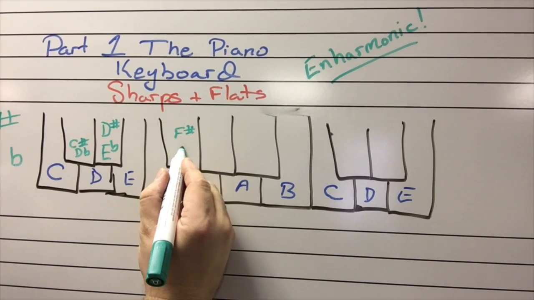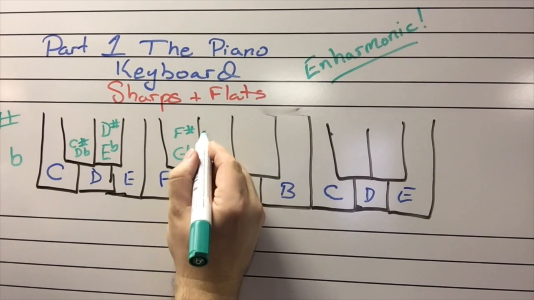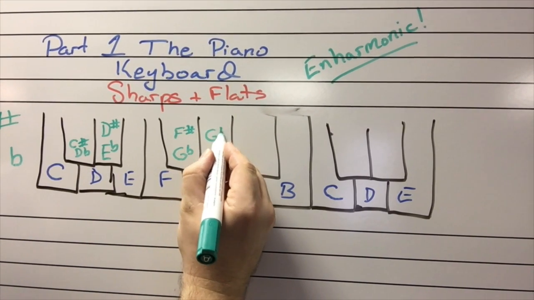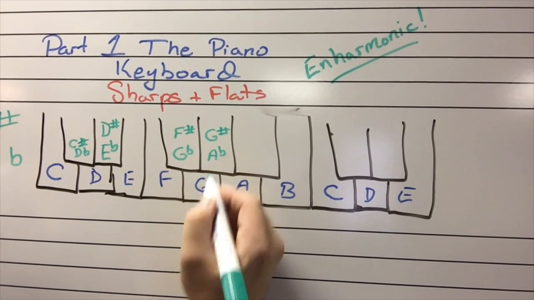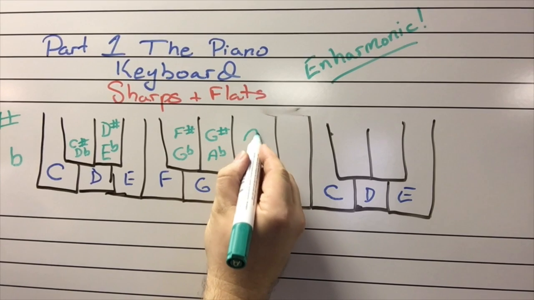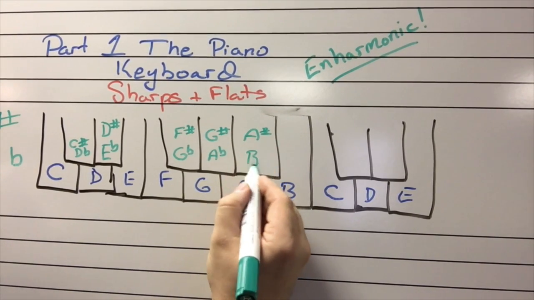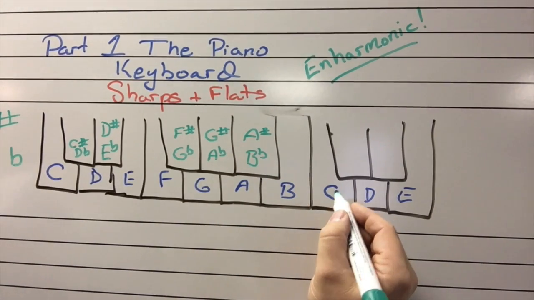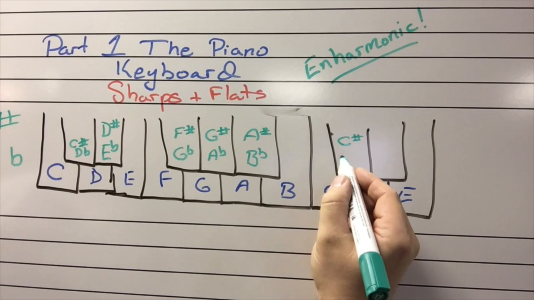G lowered by a semitone becomes G flat. There's C sharp again. D flat.